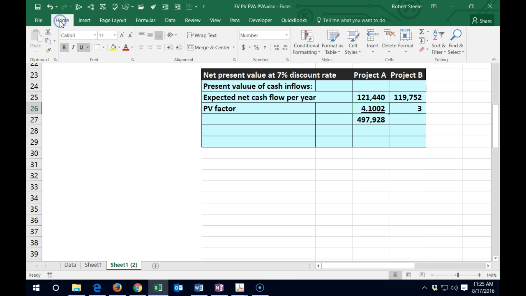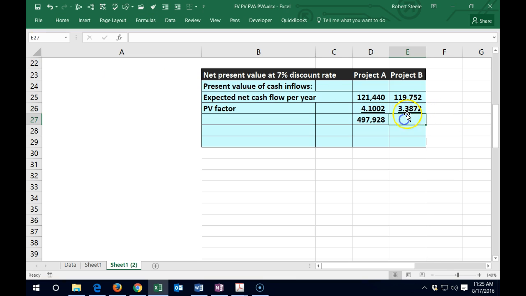I have my format painter up there, but you can use this format painter here. And then multiply that out. That's going to be 119,752 times the 3.3872. Enter. So there we have the present value there. Again, notice it's less than 4. That's the point. And so that is going to be our present value of cash inflows.